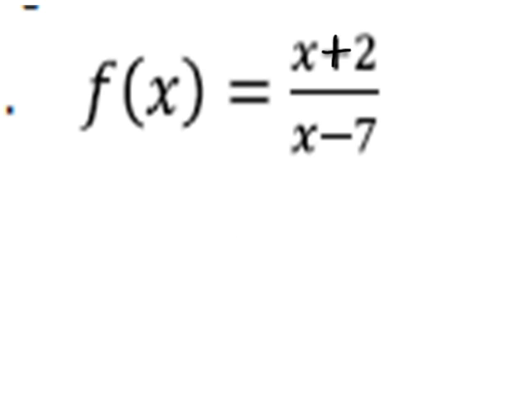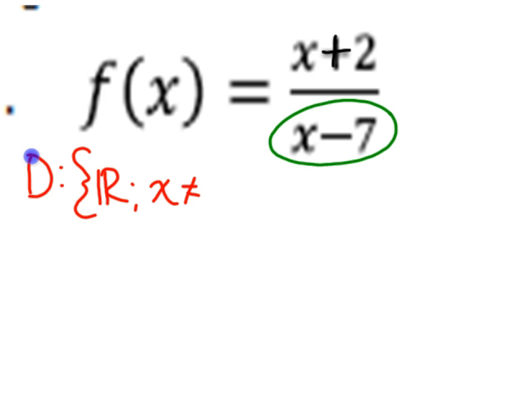So when we're looking at vertical asymptotes, we want to look at the domain of the function. Here, our domain is all real numbers such that x cannot equal, and so here we look at the denominator to see what x cannot equal. We know the denominator cannot equal 0.